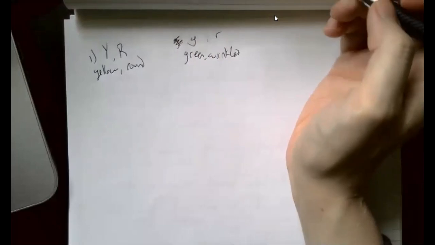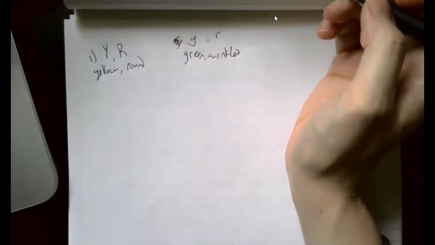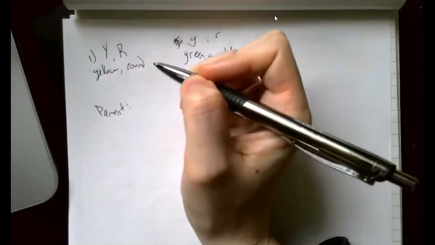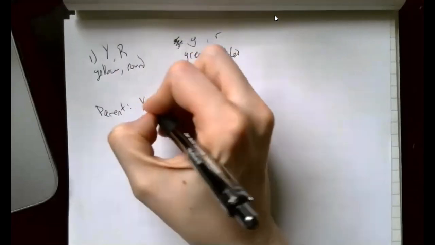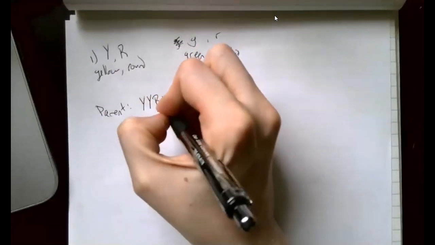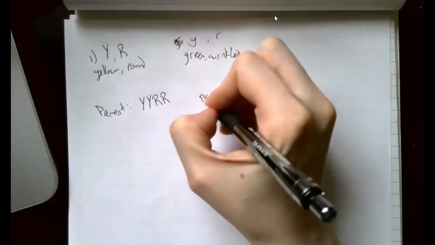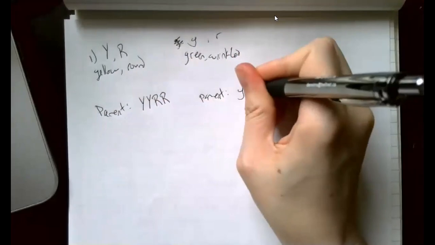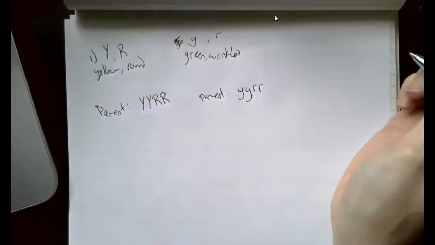It then says one parent is homozygous dominant and the other is homozygous recessive. So that means if parent 1 is homozygous dominant, they are all capital letters. And the other parent is homozygous recessive, so all lowercase letters, like so.